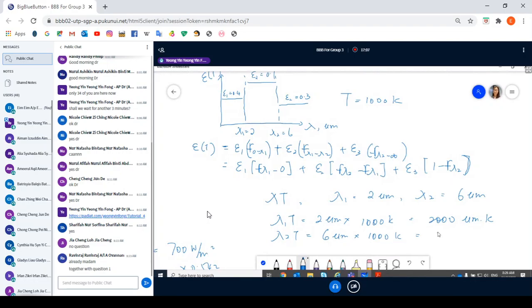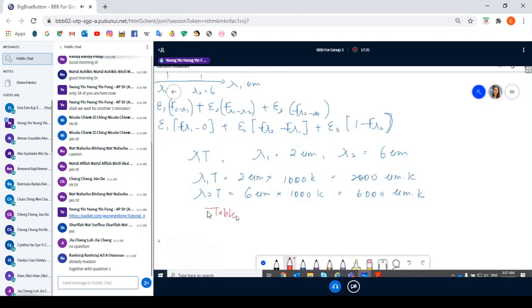The lambda T values are good values, so you need no interpolation or extrapolation. You can directly read from Table 12.2. At lambda 1 T, F lambda 1 equals 0.066728. At lambda 2 T, you can refer to the table in the lecture notes.